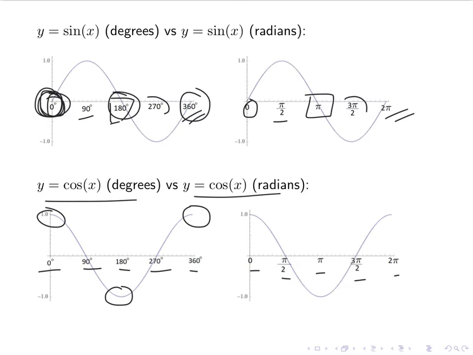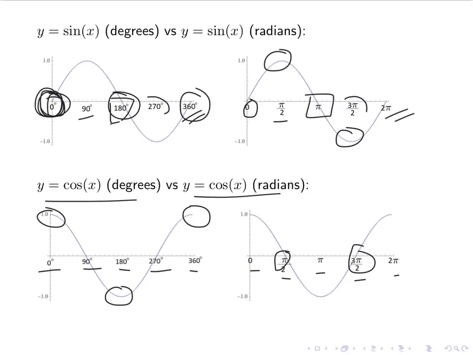For sine, the maximum and minimums occur at 90 and 270, or pi over 2 and 3 pi over 2, and that's where the zeros are for cosine. So in either case, our minimums, maximums, and zeros occur at those 5 points.